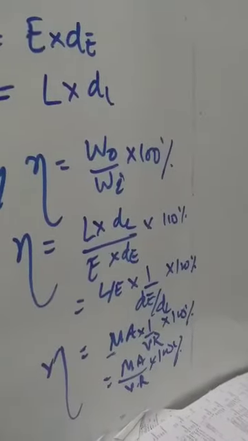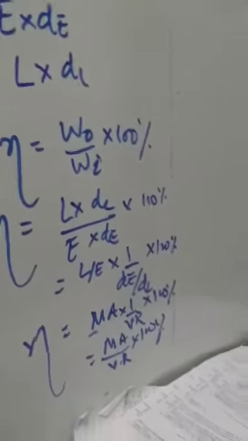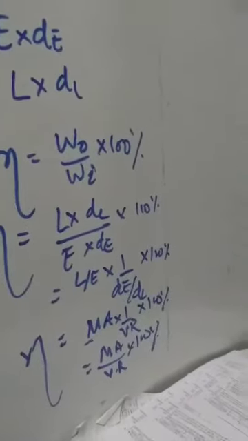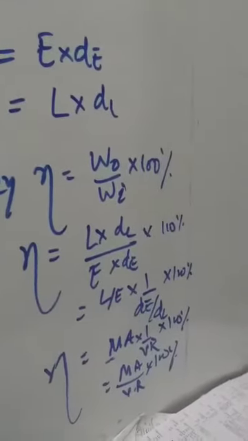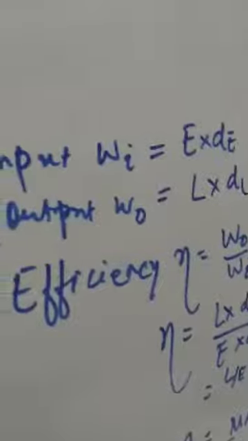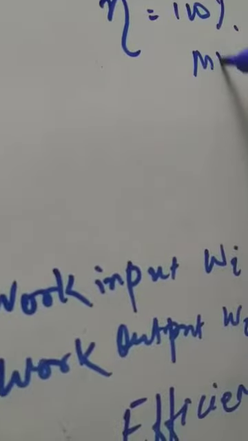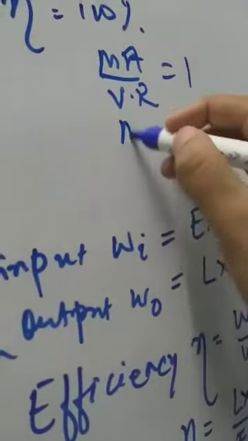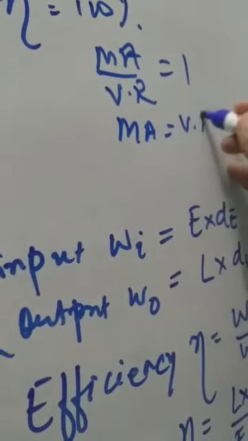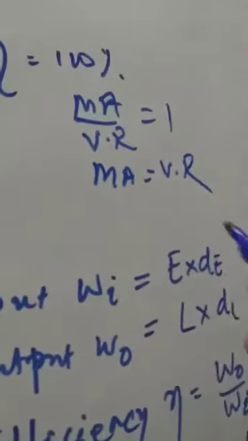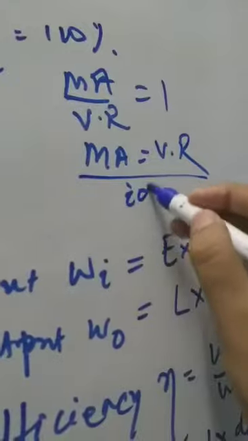So efficiency of an ideal machine is 1 or 100%. The efficiency is equal to 100% means mechanical advantage by velocity ratio is equal to 1. So MA is equal to velocity ratio for an ideal machine.